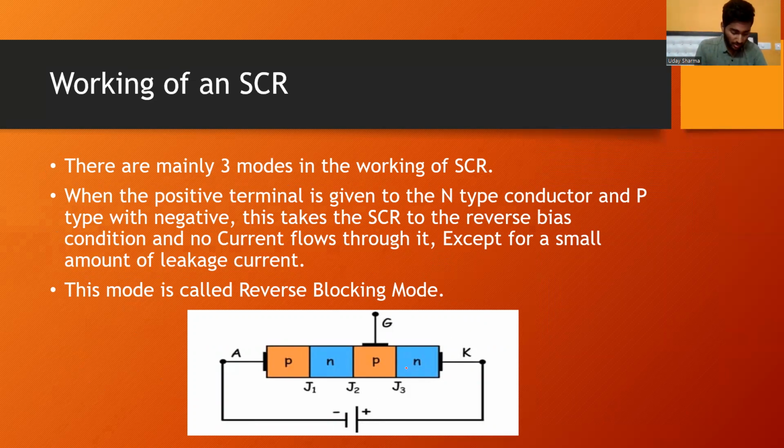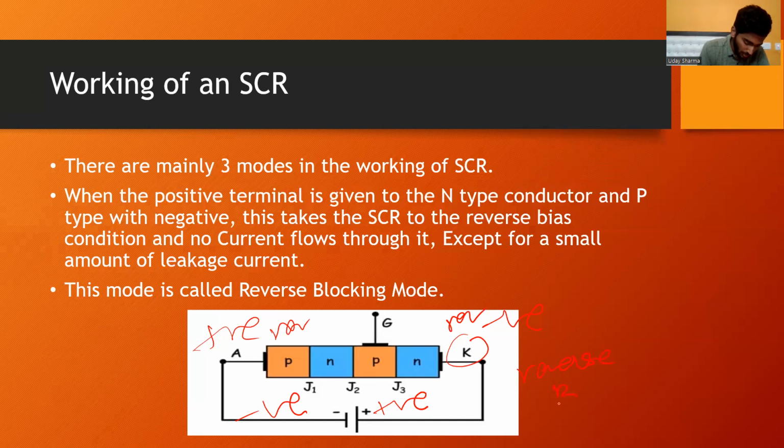Firstly, the mode is when the cathode, the negative side, is supplied with the positive supply, or else you can say the anode, the positive side, is given a negative supply. Here, both junctions are in reverse bias conditions, so that does not allow any current to flow. This condition is called reverse blocking mode.